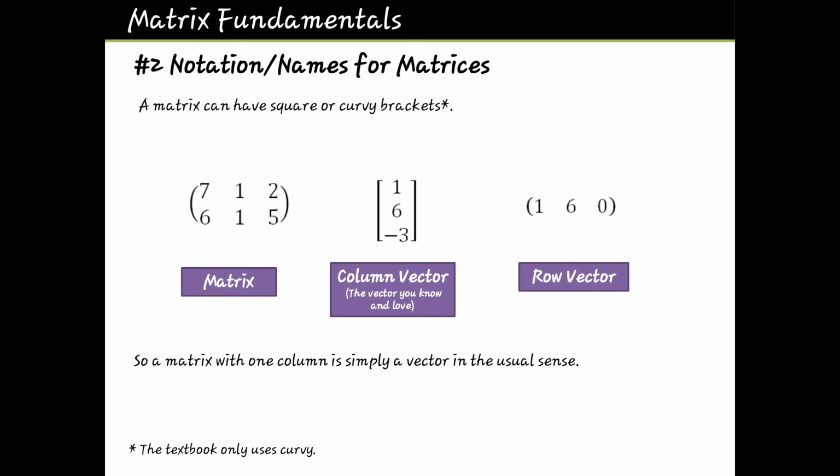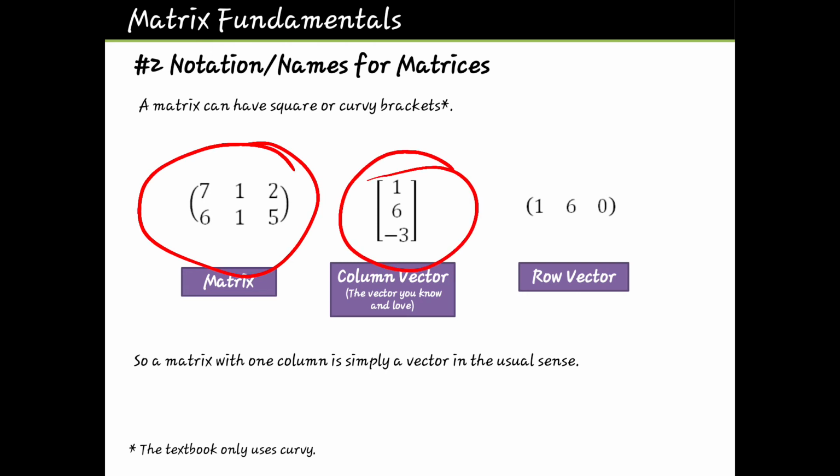Then notation and names for matrices. A matrix can be written with square or curved brackets, so we can write it in this format and this format. This one is a column matrix. Then this one is just a matrix, and this one is a row.